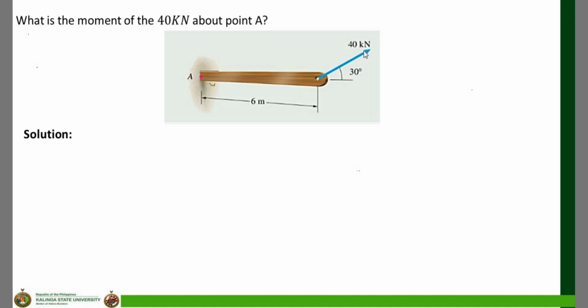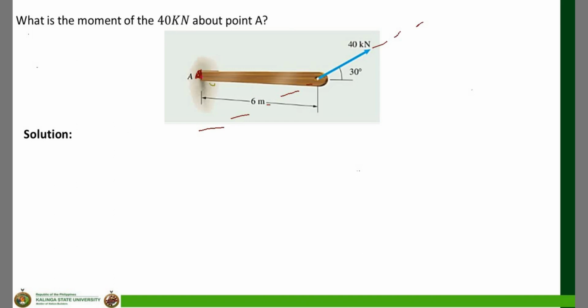If we draw the line of action for the force, that is the line. Along that line is the 40 kilonewtons. Now, what is the moment of this 40 kilonewtons about point A?